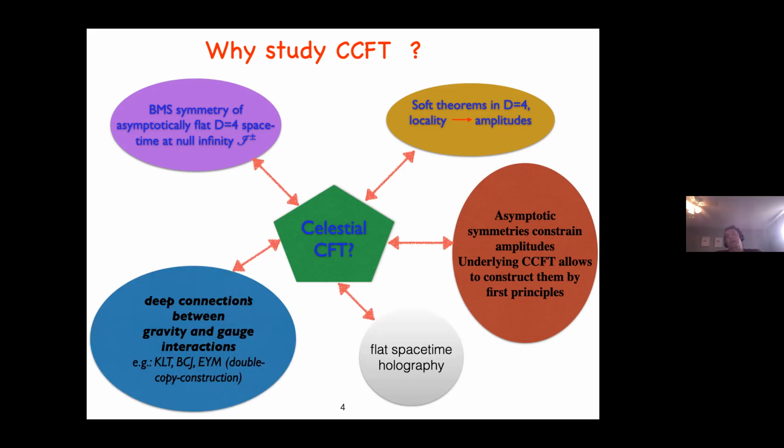Finally, there have been several connections in the last few years that show that gravity amplitudes, the gravity S matrix, can be written as a double copy of gauge theory interactions. These have appeared in string theory as KLT relations, and recently we have the double copy construction.